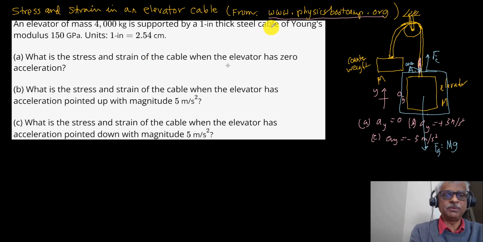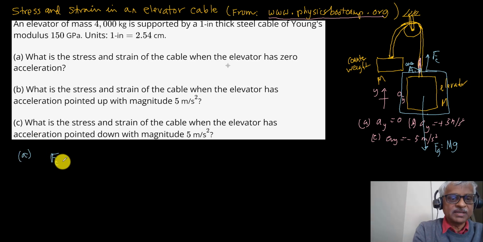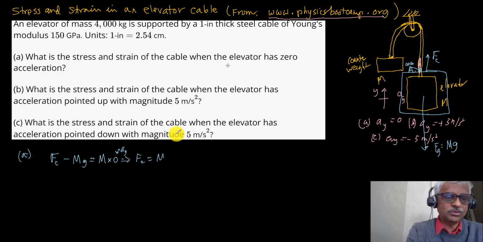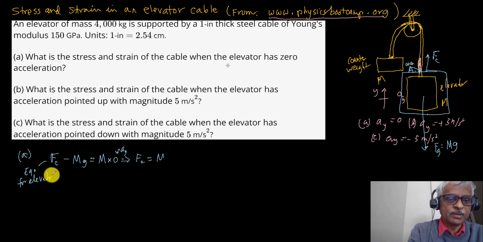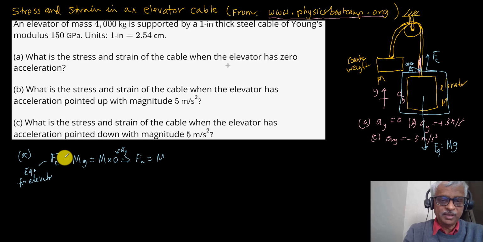All right, so here is part A. I'm going to do F_C minus mg equals m times 0. This is the acceleration a_y of the elevator, so this is the equation of motion for the elevator. This gives me F_C equals mg.